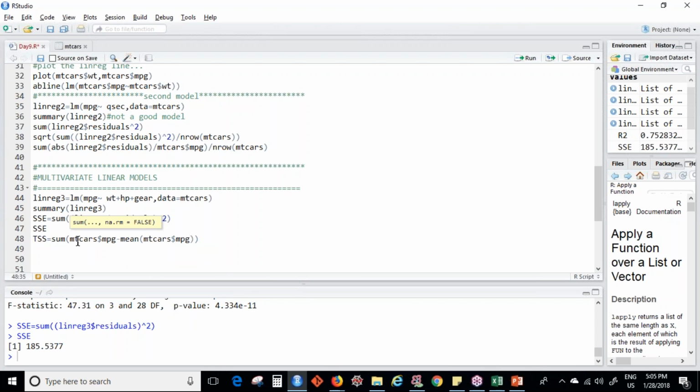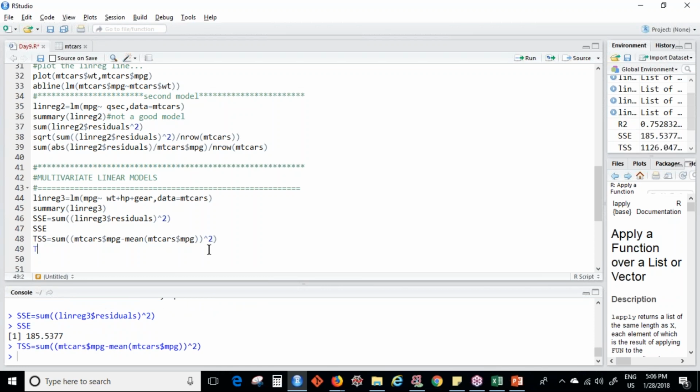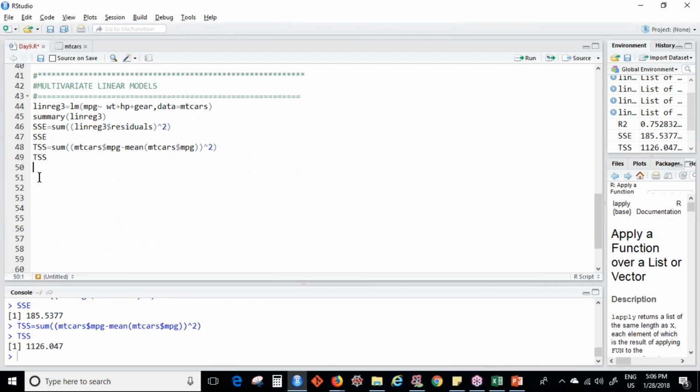So actual value minus the average value, and then I have to square this and then take the sum. Did you guys understand the formula? This will be my TSS. Okay. Then to find r square, what will I do? I will do 1 minus SSE divided by TSS.